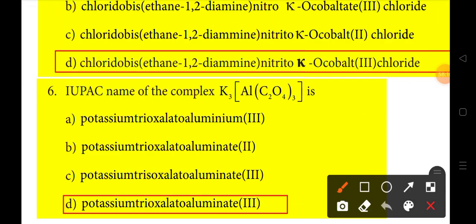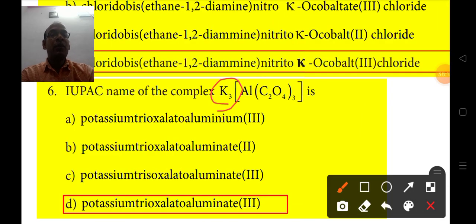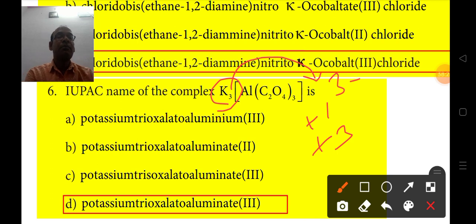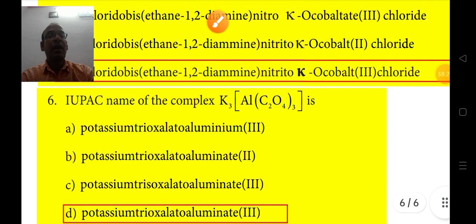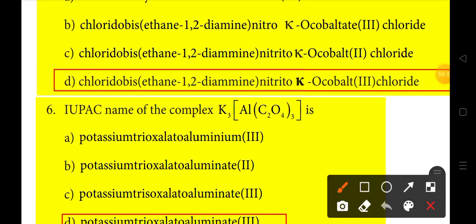1 potassium has a 1 plus, totally 3 potassium, therefore 3 plus. For balancing, the complex ion is minus 3, therefore it is an anionic complex, 3 minus.